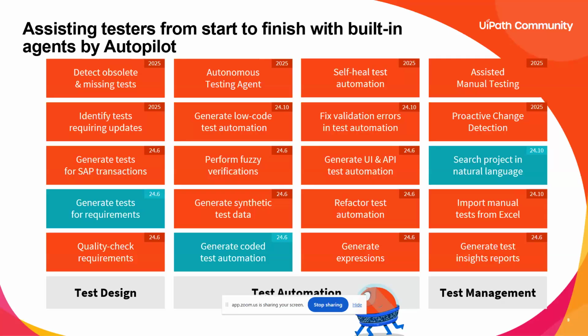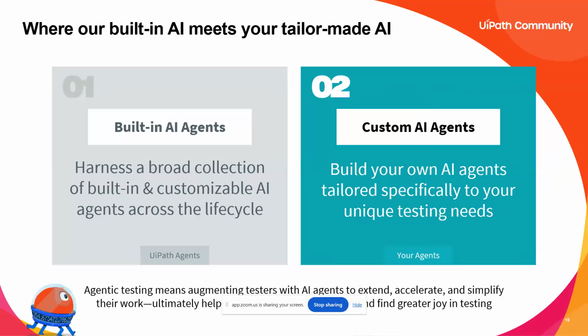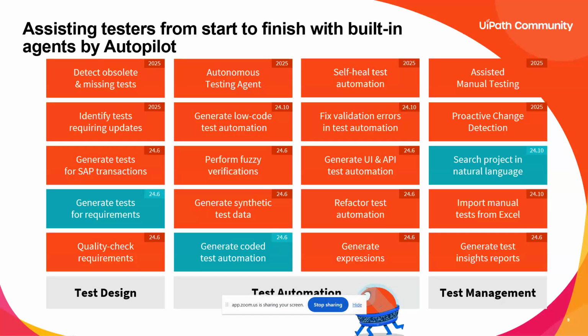Fine. So now let's talk about the custom agents. Out of all these agents, UiPath has identified some pain points which we can initially leverage so that enterprises can utilize them from day one of their automation testing journey.